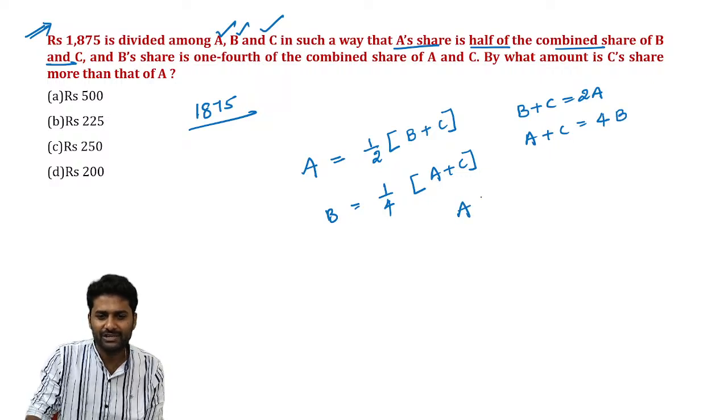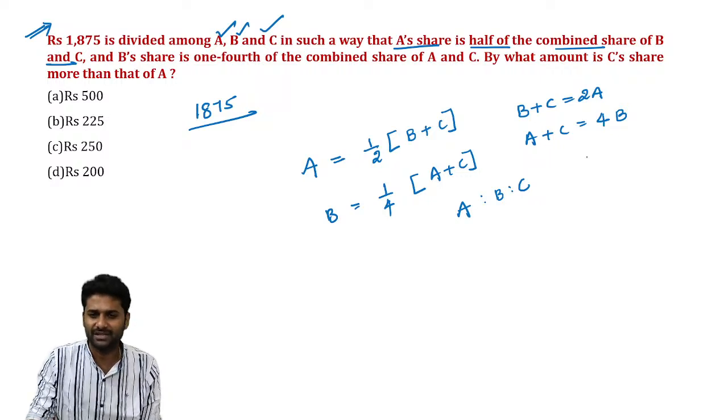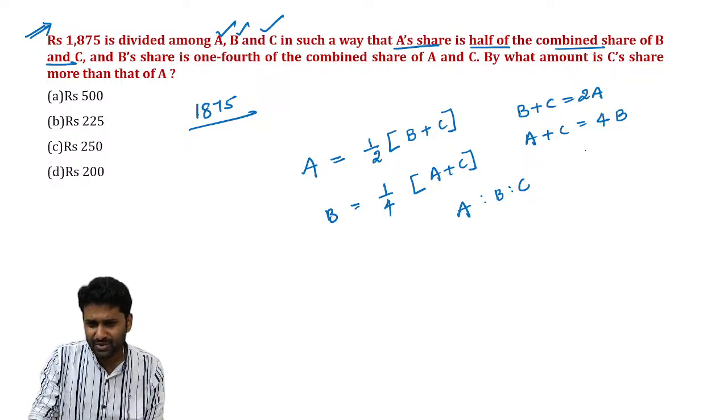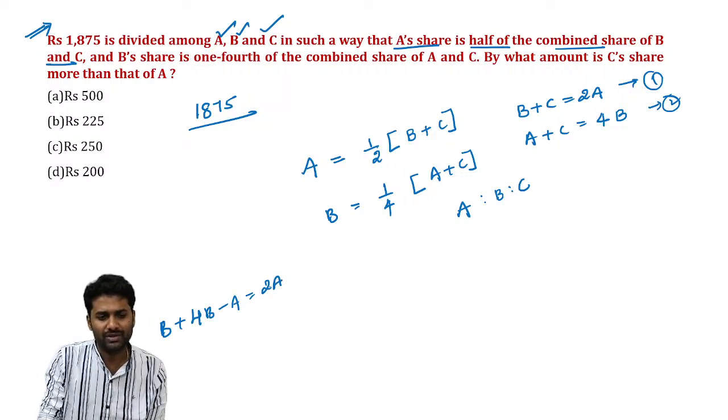Let's find the ratio of A, B, C. If you combine those equations, you will get the ABC ratio. Now see, you can replace here, guys. So let's take the conditions. B plus C is equal to 2A, so let's replace in this way: C is equal to 4B minus A, which is equal to 2A.